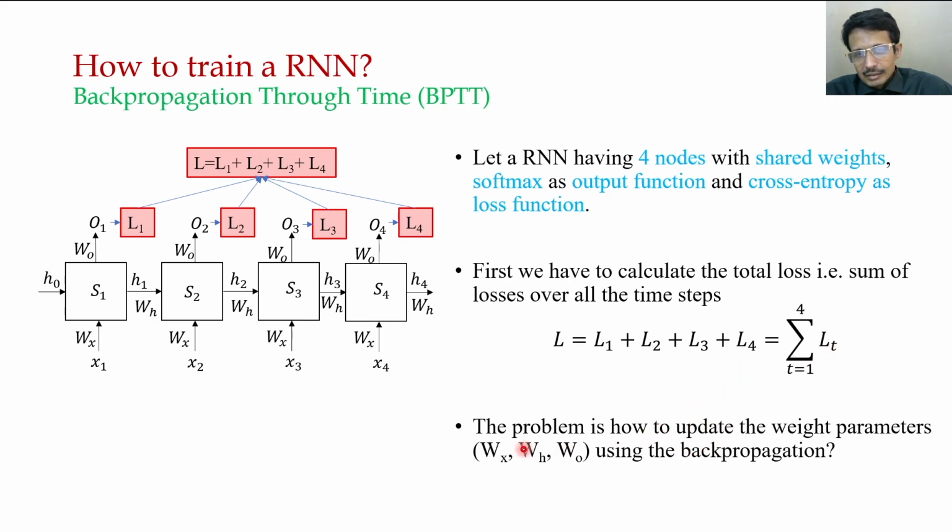We have to determine what Wx, Wh, Wo are using this kind of BPTT algorithm, so that our intended mapping from X to O can be fulfilled, or we can get a model that maps this X input to output as per our intention.